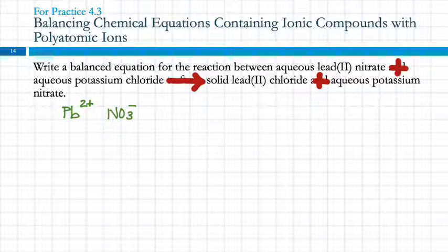So I look at the two of these things and their relative charges to figure out how many of each I need so that I get a neutral compound. There's different ways of looking at it, but I'm going to need 2 nitrates so that I can have a total of -2 charge and +2 charge, and that'll be neutral. So this is going to be Pb. I have 2 nitrates.